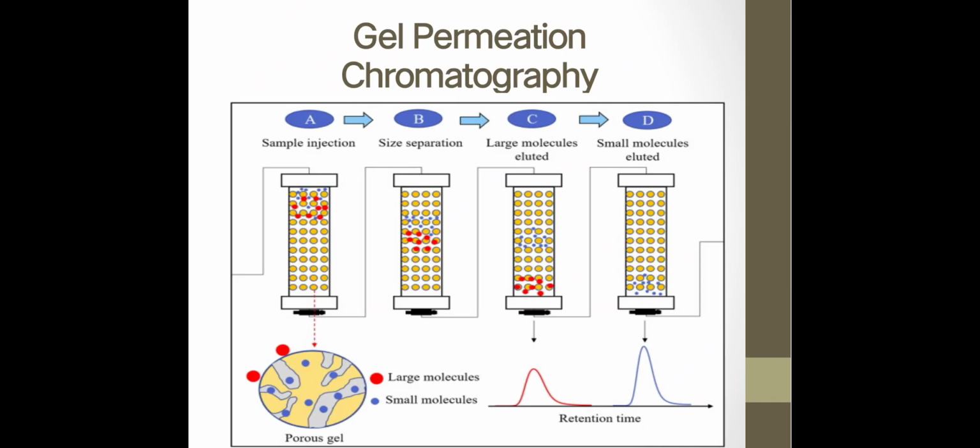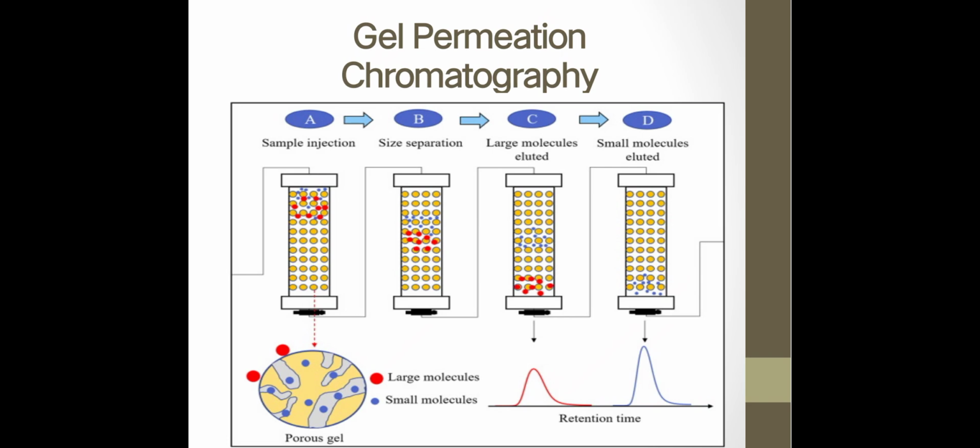In this picture, you can see very clearly how gel permeation chromatography works. It consists of a column. The column contains the packing material, that is, the gel, arranged inside the column, and through the mobile phase the sample is injected, containing molecules of different sizes that pass through the stationary phase, the gel with a definite pore size.